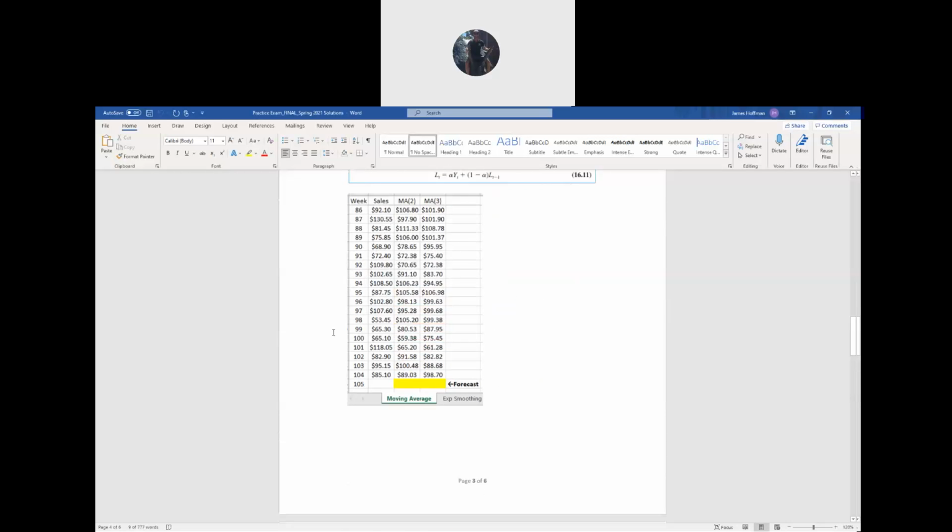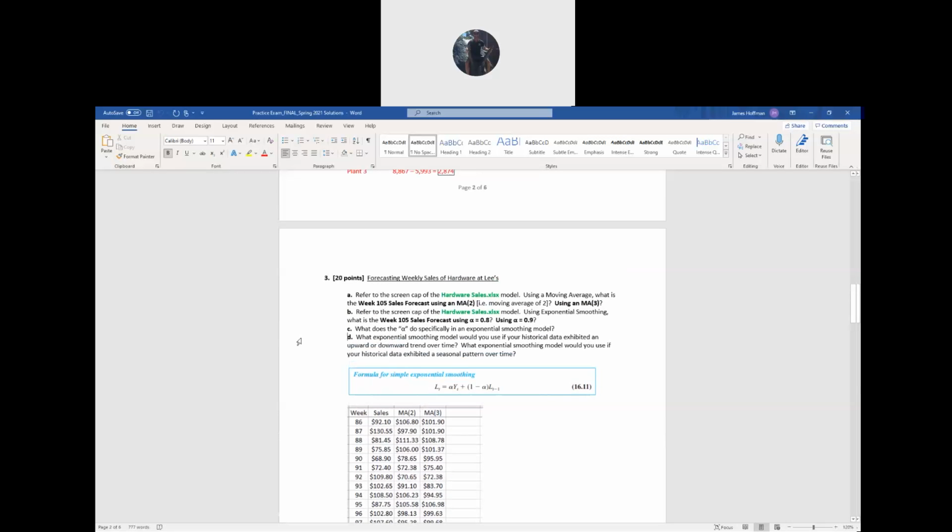Then D: what exponential smoothing model would you use if your historical data exhibited an upward or downward trend? And what exponential smoothing model would you use if your historical data exhibited a seasonal pattern over time? Remember we did these in class, but we didn't have the software to estimate them.